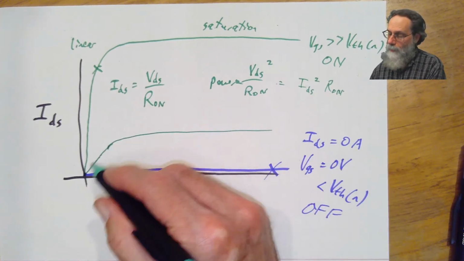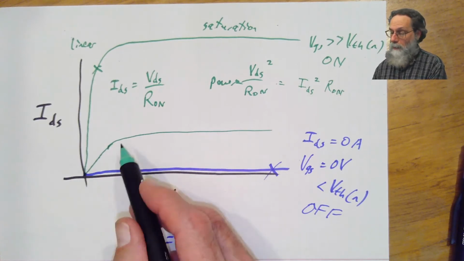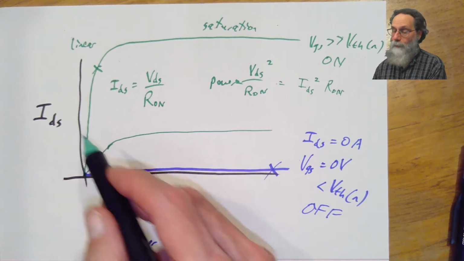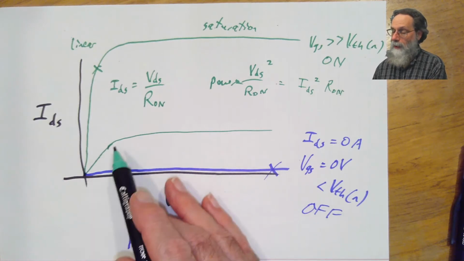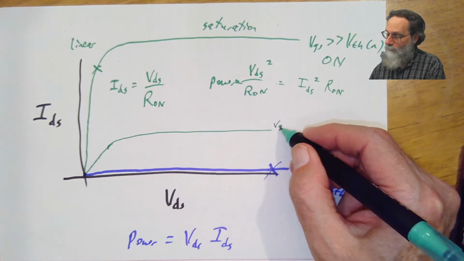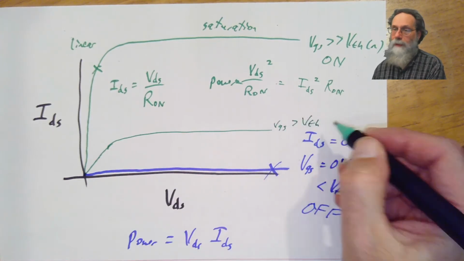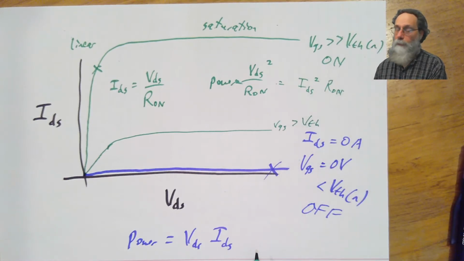The on resistance here is larger. You get a lower slope on a current versus voltage. Resistance is 1 over that slope. So here you have a larger on resistance. This is for VGS bigger than the threshold, but not as big as I had in that first curve.